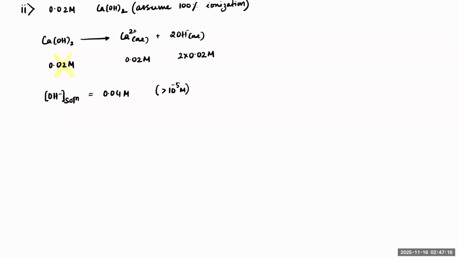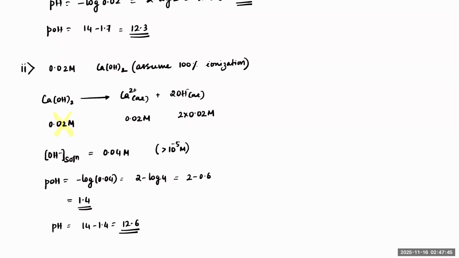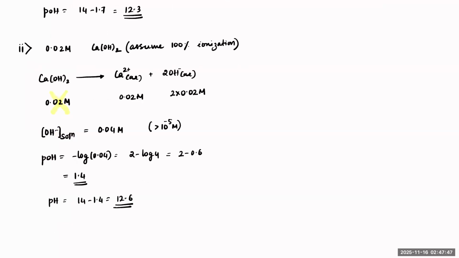Thus, pOH will be equal to minus log of 0.04, which is 2 minus log 4. 2 minus log 4 is 1.4. So pOH is 1.4, which makes pH equal to 14 minus 1.4, which is 12.6. So this is the calculation for calcium hydroxide, everybody.